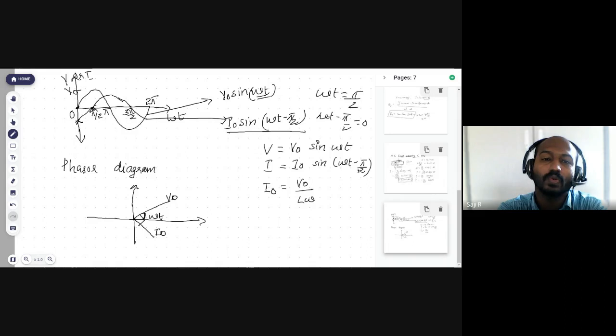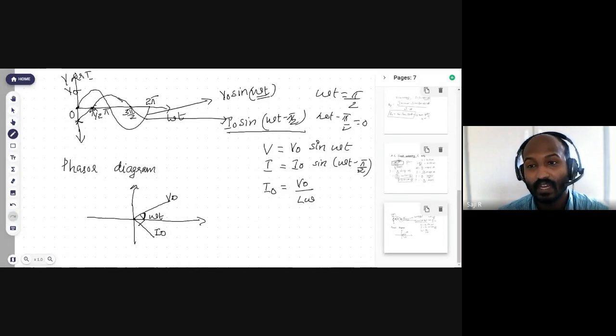Here this term implies that I0 is equal to V0 by L omega, meaning L omega is a term which has the dimension of resistance. Or in another way, we can say that this L omega is simply the resistance of that inductor. But that is wrong.